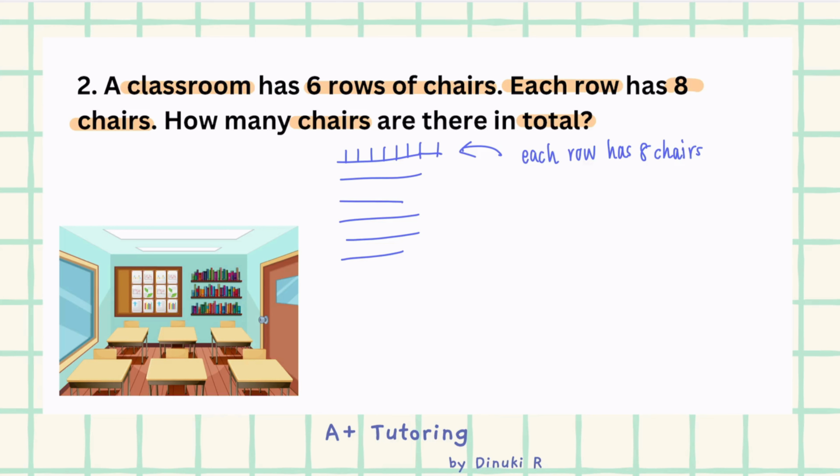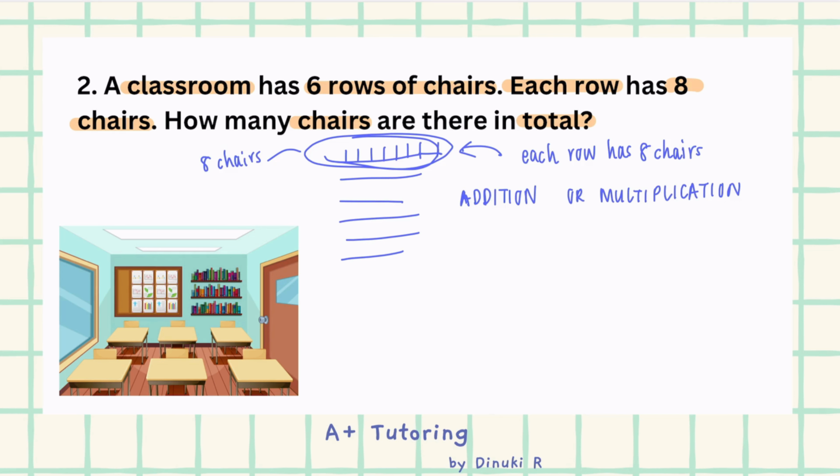So there's 2 ways to do this, right? You can do addition or multiplication. Because essentially, if we think of each row as like one group, it has 8 chairs.